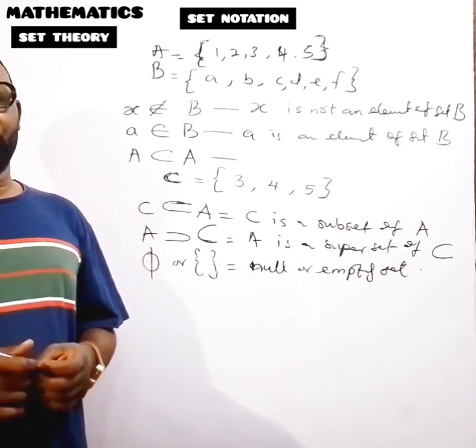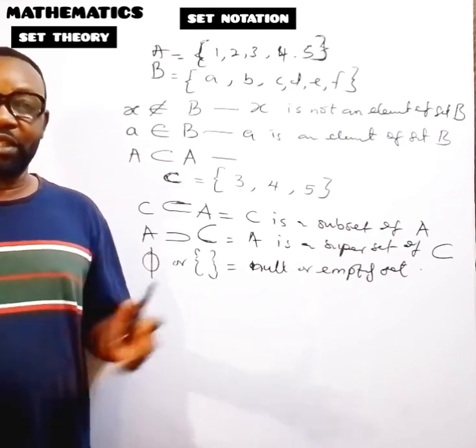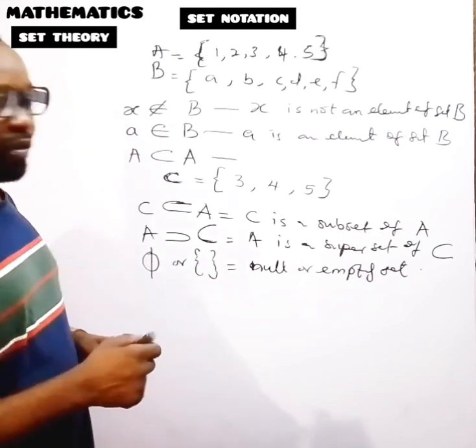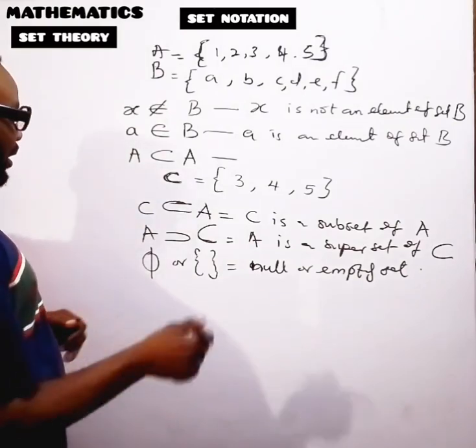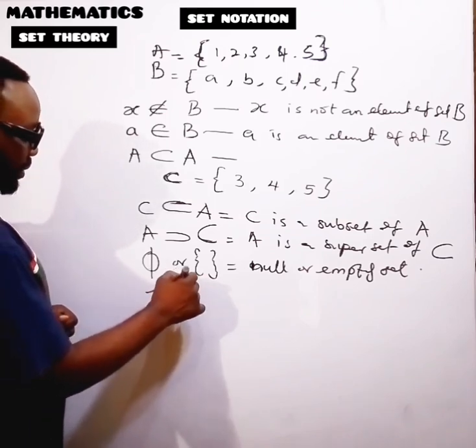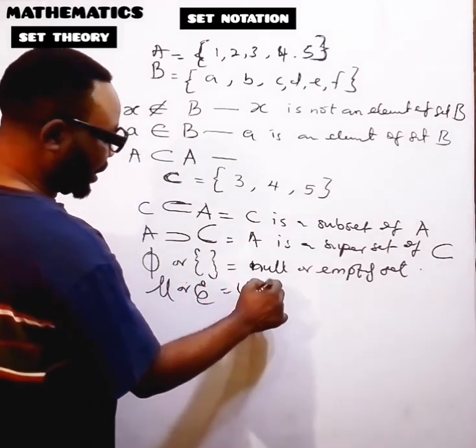It cannot come into existence. There's nobody on this planet Earth that is existing without a head. There's no one. So this is what is called a null or empty set. That is the symbol for it. Then we can talk about the universal set, which can be represented by this or this. That is the universal set.